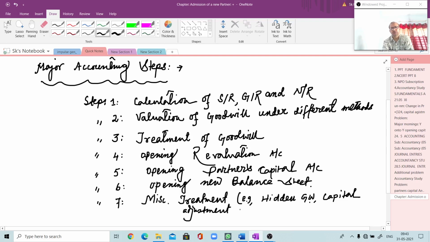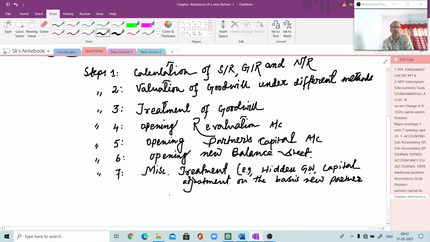Capital adjustment is done on the basis of the new partner's capital. Sometimes it may happen that the old partners do not directly state the amount of the new partner's capital.